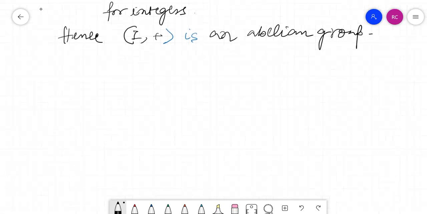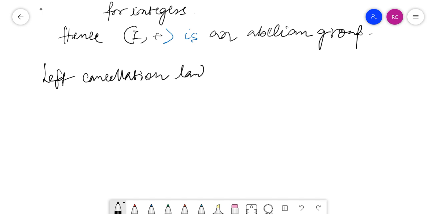Okay, there are some properties of groups. One of the properties is the cancellation law. What is the cancellation law?